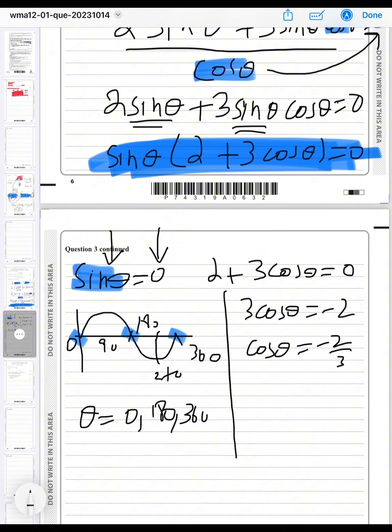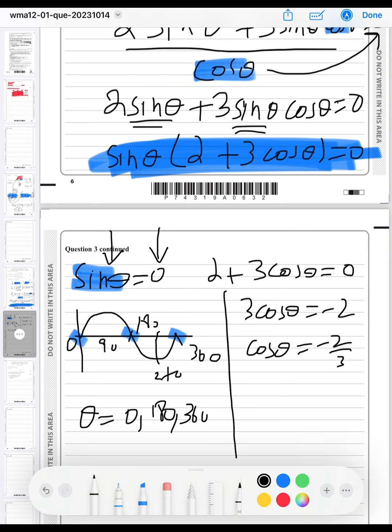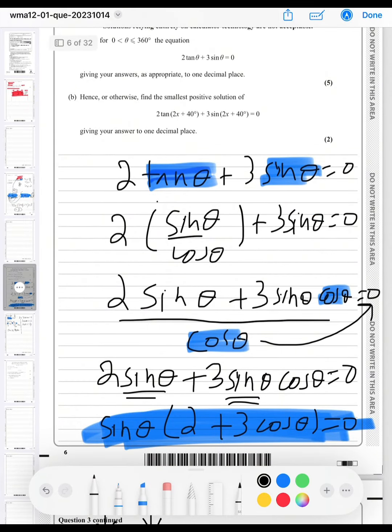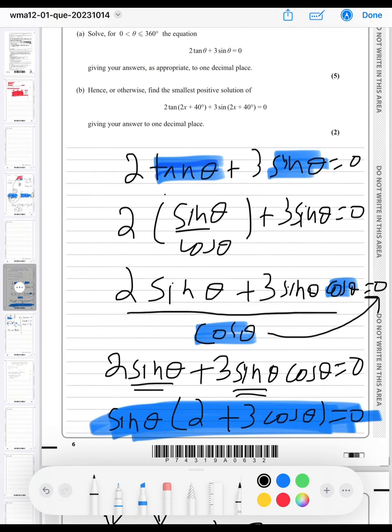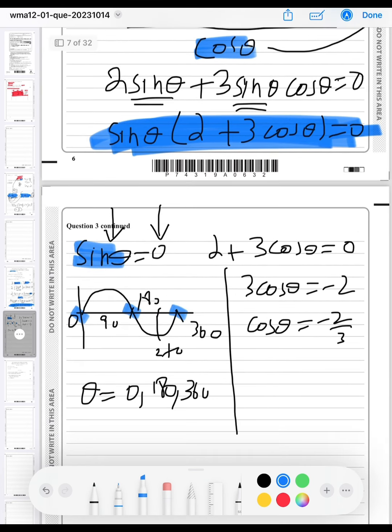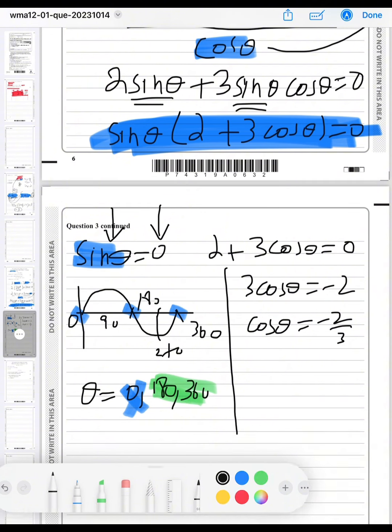Now you can see the answer they are asking for, the 0 is not included, it's excluded, so we will just exclude this 0. So for sine, we get the partial answer, which is 180 and 360. Now we'll go for the second one.